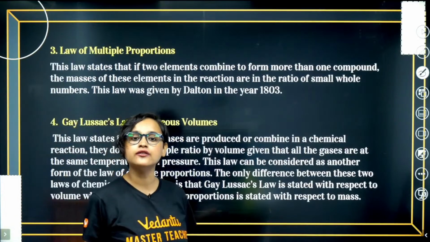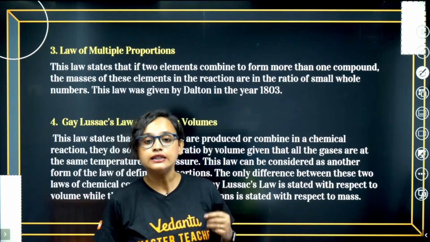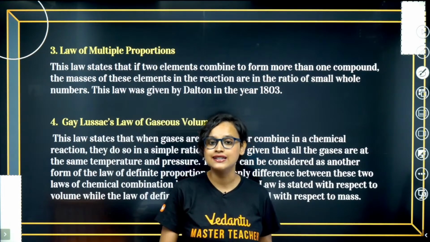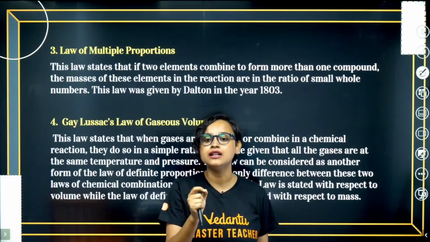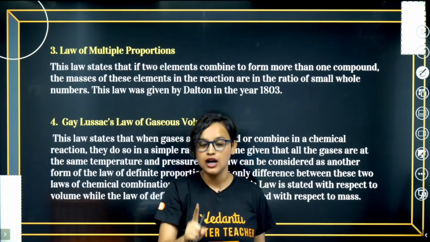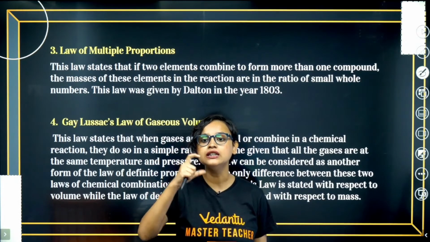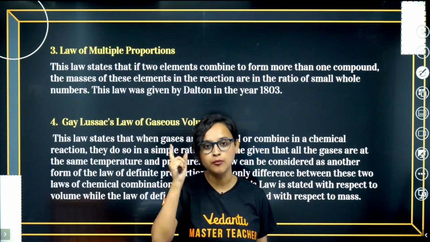Moving on from here, we go to the law of multiple proportions. What is this? This law states that if two elements combine to form more than one compound, the masses of these elements in the reactions will be in the ratio of small whole numbers.